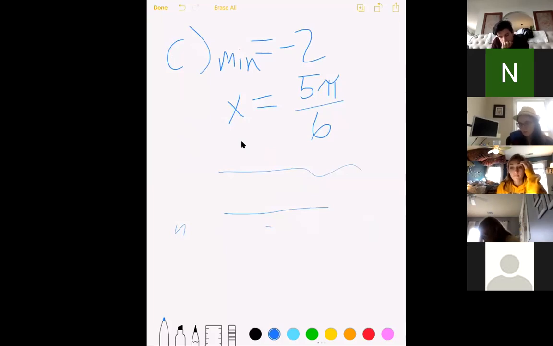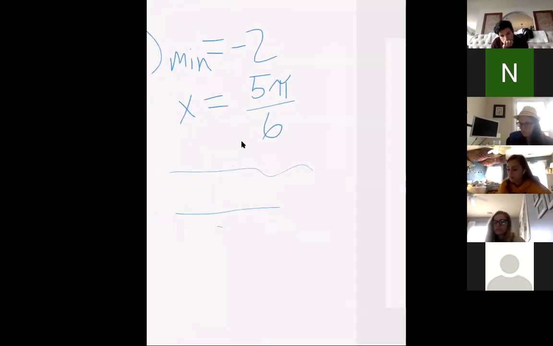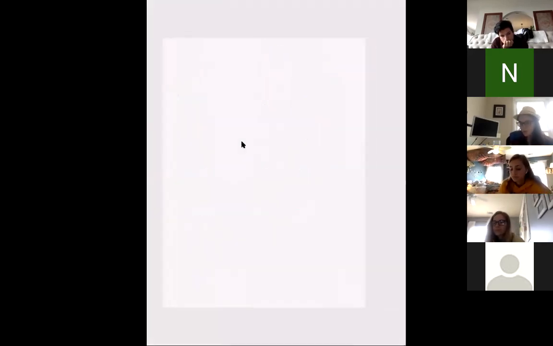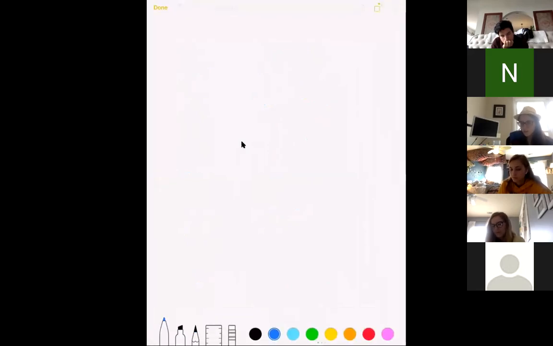So C1 is where it would have any vertical asymptotes. What has to happen for there to be a vertical asymptote? Isn't that when the denominator equals 0? Yes. So we're going to find the value where it equals 0. Normally, where does cosine of x equal 0?